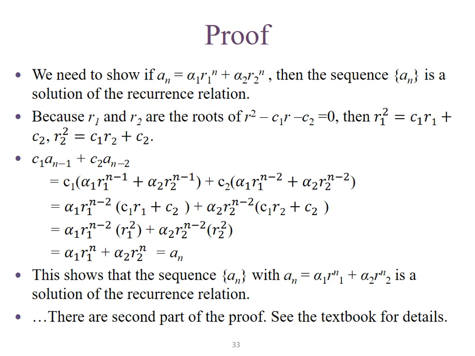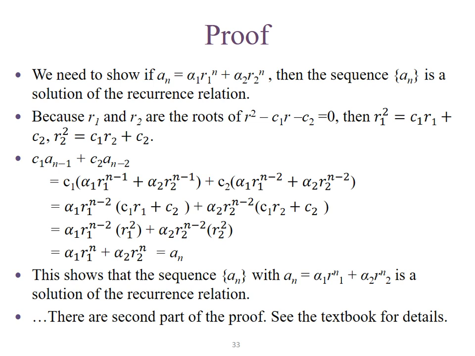So let's consider the second term and the fourth term. If we remove the common term alpha 2 and r2 to the power of n minus 2, for this term we only have r2 times 1. Okay. And then for the fourth term, we have c2 here. And we move this out of the parentheses.